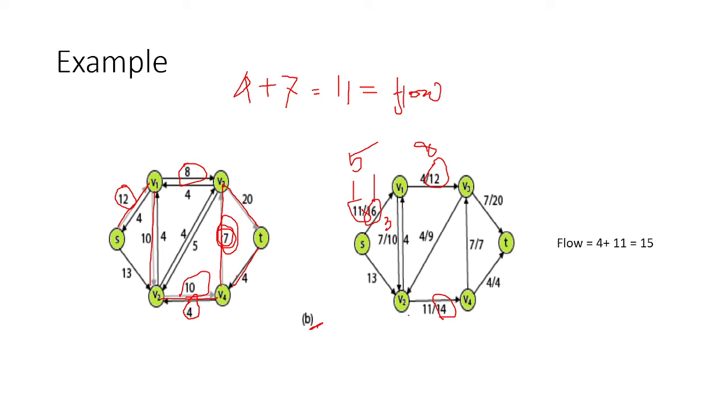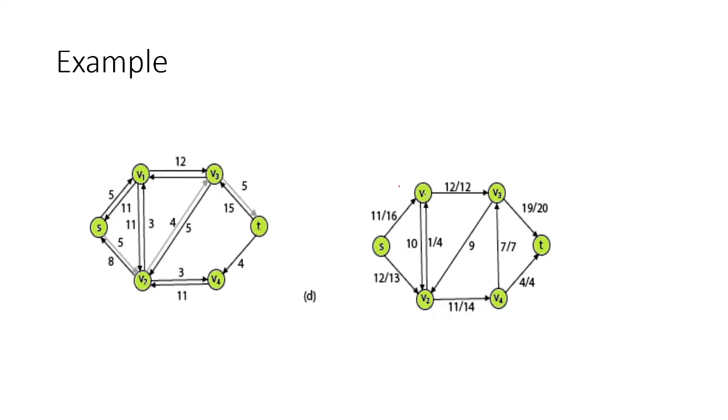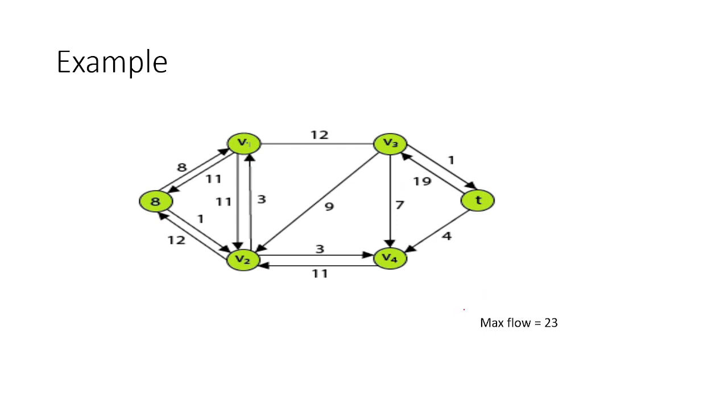For this, 14 minus 11 will be 3, and it will be 0. 20 minus 7 will be 13. So in the next step, you can see the values are updated: 5, this is 3, this is 11, this is 7, and this is 13. So the values are updated, and in this manner the process will proceed, and in the last step we will find the maximum flow, which is 23 for this original graph.